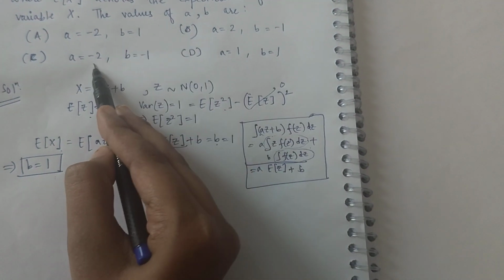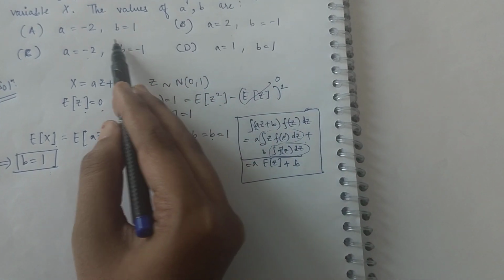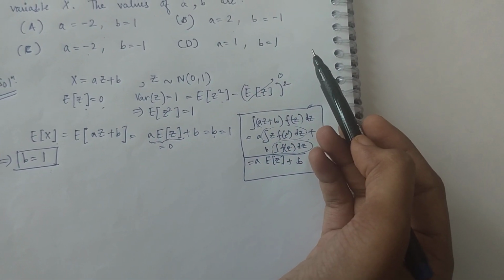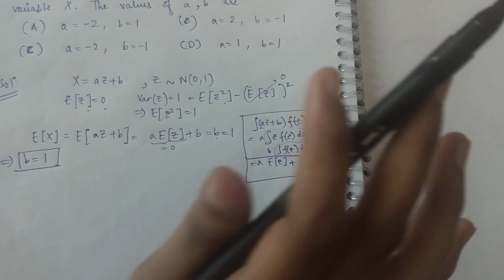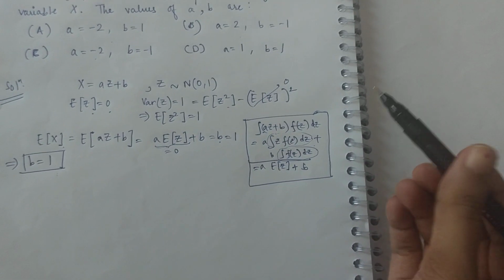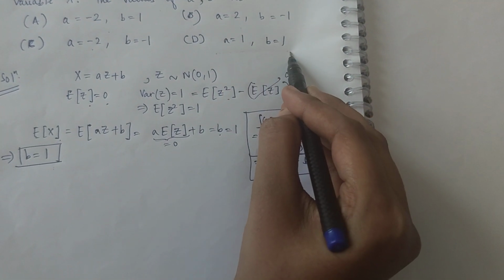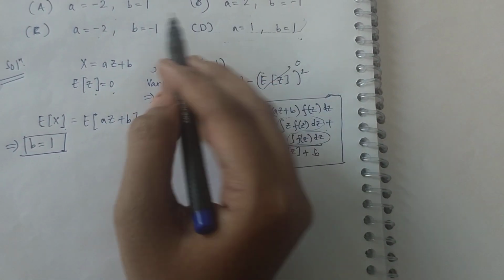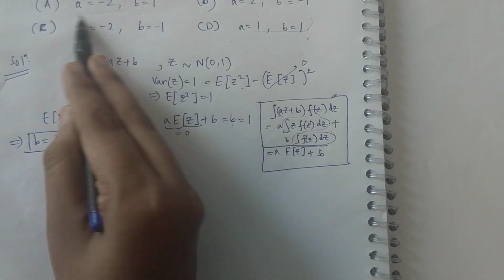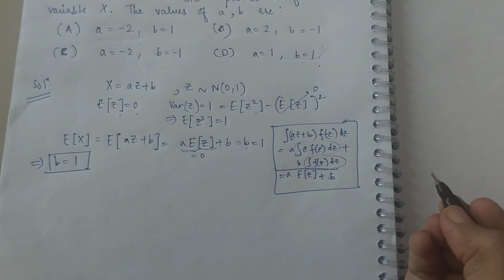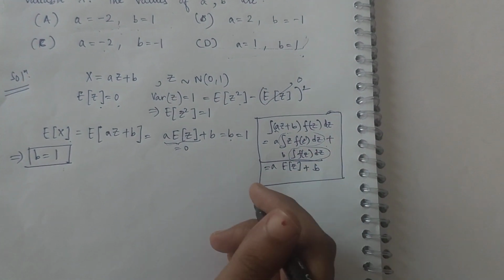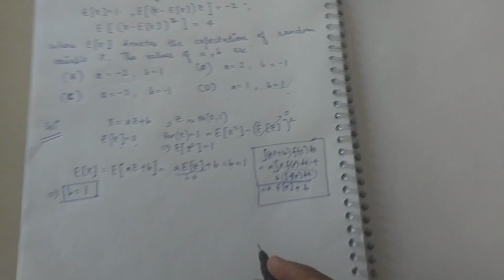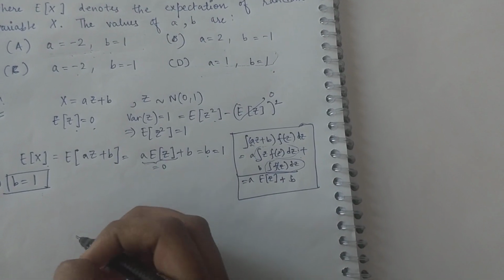But since we have minus 2 and 2 as well, along with b equals 1, I think I was just missing something, I did not mention it here. I did not check it carefully, but if I would have gotten this b equals 1, I could have directly marked this as the answer. But okay, I did some silly mistake in the exam, and that's why I got a negative marking for this particular question. So that's why I wanted to solve this again.